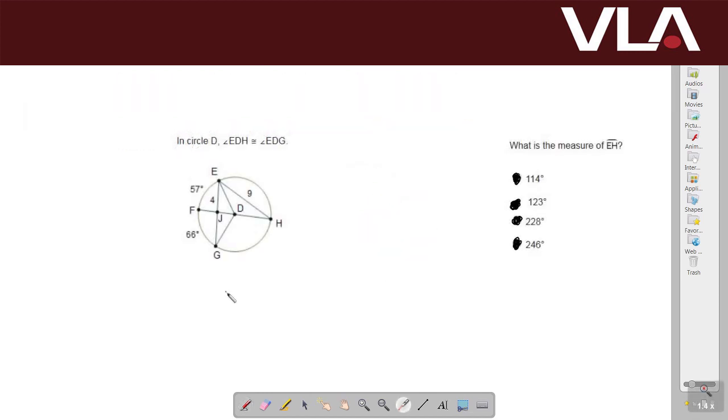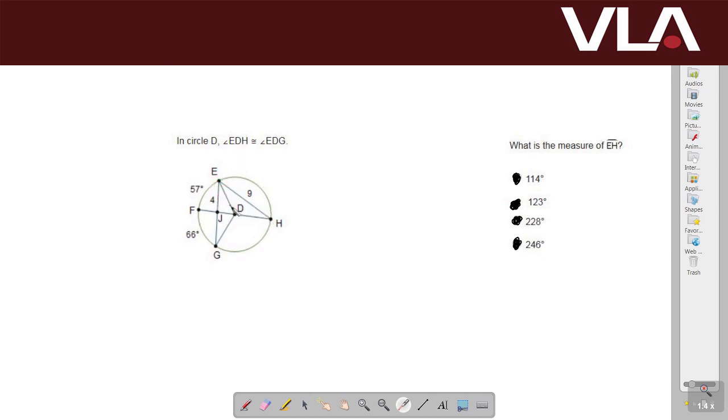Alright, here's one of the example problems from one of the quizzes in this section. Let's see if we can solve this. First, let's look at what we were given. We have circle D, and remember, circles are labeled by their center point. Angle EDH is congruent to angle EDG. So let's first find EDH.